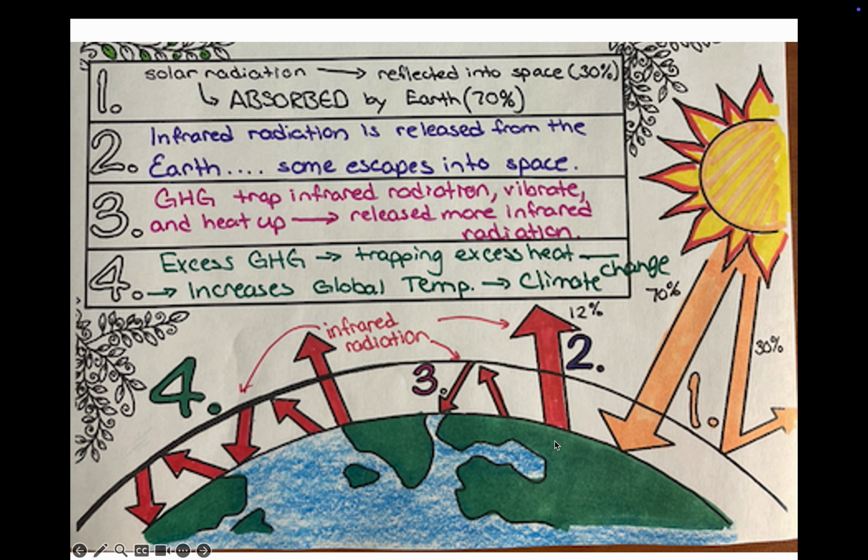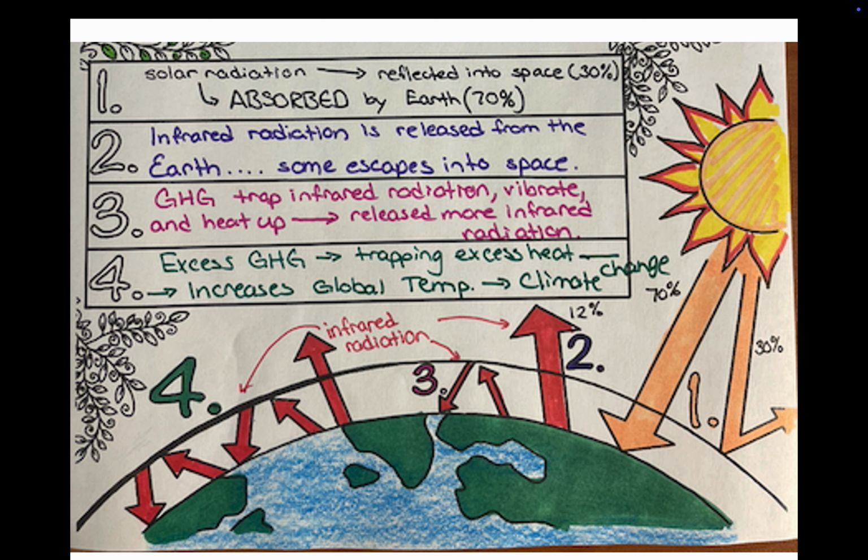So then in step 2, we have infrared radiation is released from the Earth. So that radiation from the sun that's absorbed from the Earth is then released back. But when it's released back as long waves, which don't get through our atmospheres easily, okay? Because those long waves get caught up from the greenhouse gases.